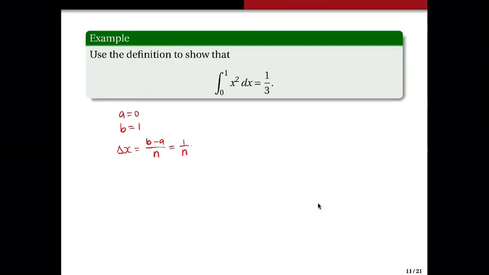Then we use x sub i star to be the right endpoint, that will be a plus i delta x. But a is 0, so you just have i times delta x, and therefore this is just i over n.